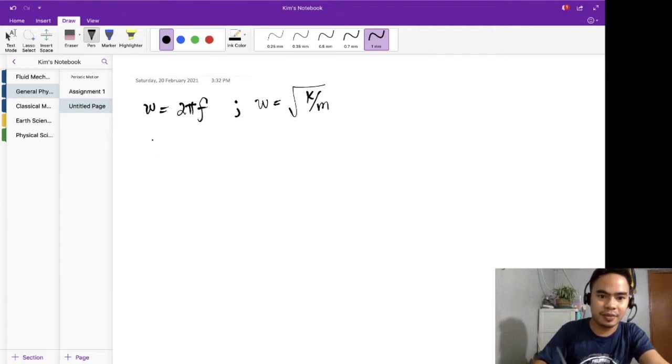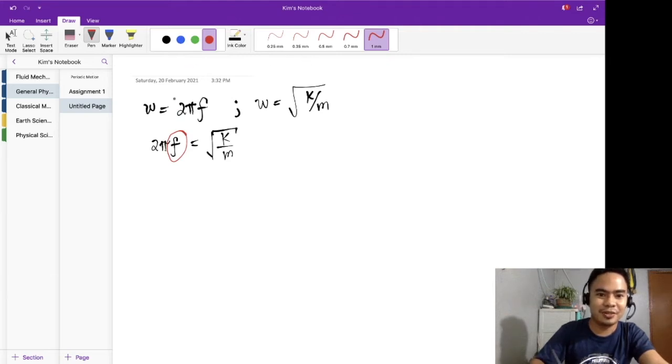So we can still equate them, since they are practically equal: 2 pi f is equal to the square root of k over m. This time we don't need to square both sides because our concern here is f.